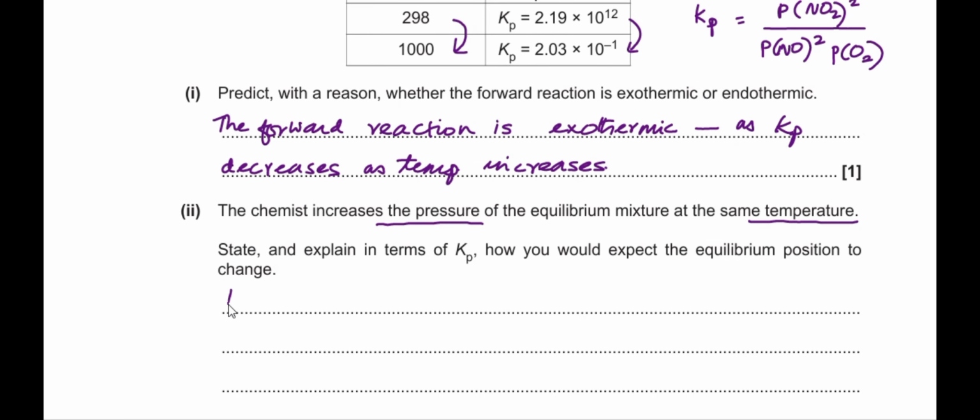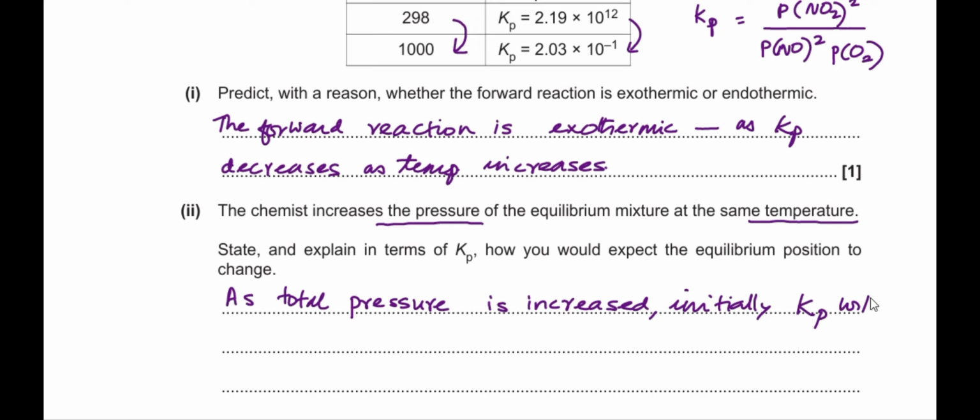So we should write: total pressure is increased, initially Kp will decrease. But eventually the equilibrium will shift to the right.